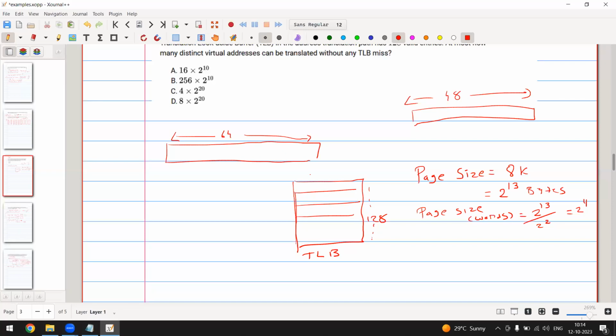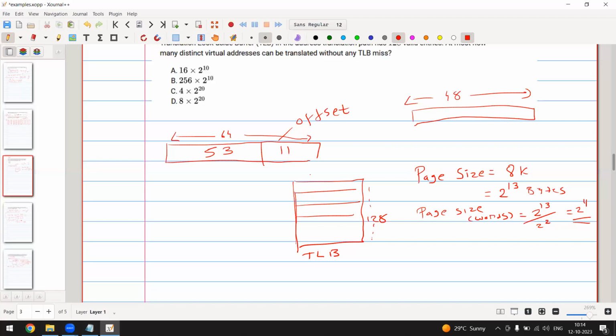Out of this 64 bits, 2 raised to 11 is the page size, so as per our logic, 11 bits are used for offset, and 53 bits are used for page number. So this data we can interpret.